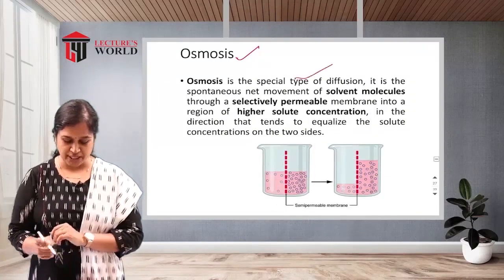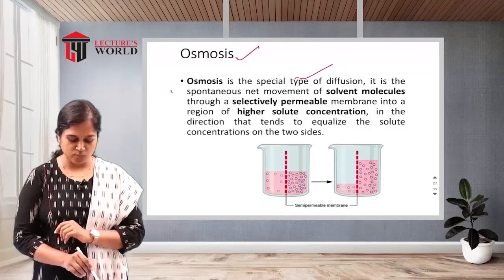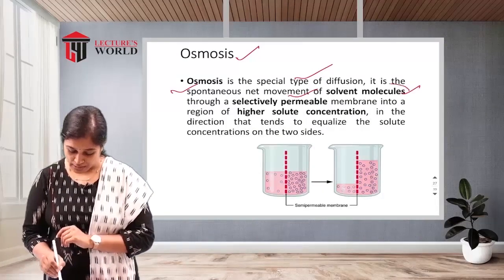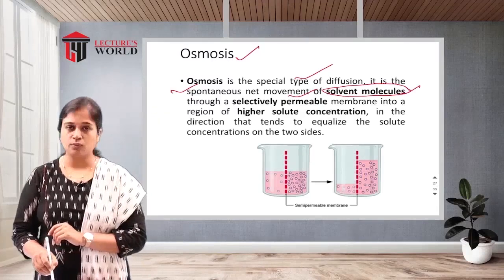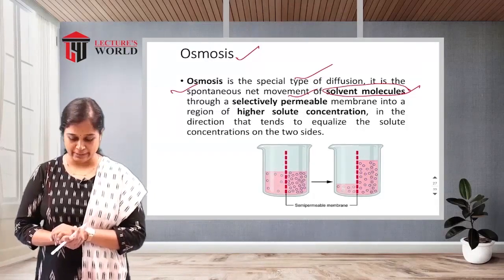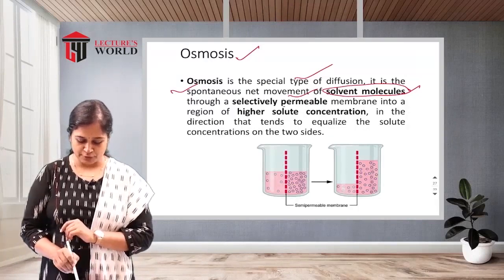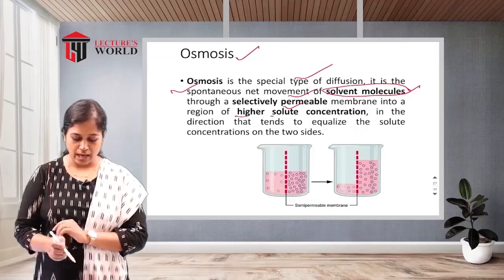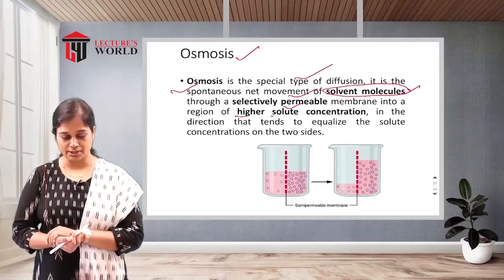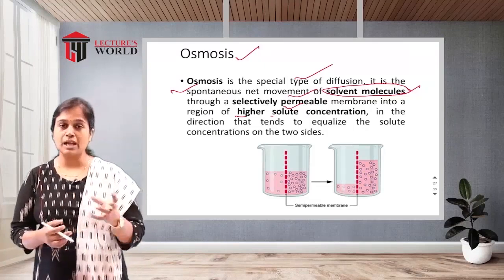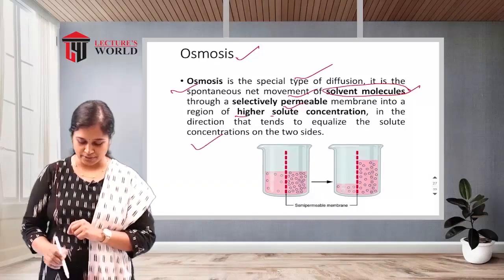Osmosis is a special type of diffusion, and it is the spontaneous net movement of solvent molecules. Here you need to focus: the solvent molecules move through a selectively permeable membrane into a region of higher solute concentration, in the direction that tends to equalize the solute concentration.